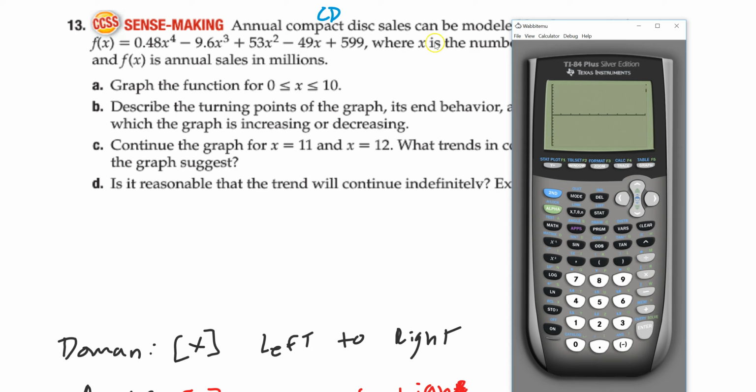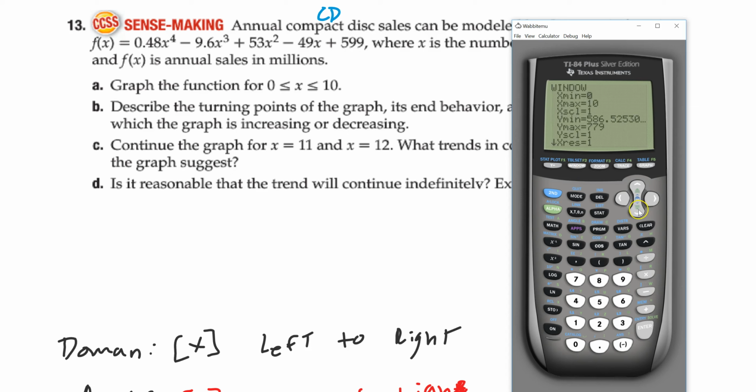Come on, CD industry. Don't let Tower Records down. And it's taking forever to graph, and I don't see a thing. That's great. Let's go zoom fit. See what's up. Well, that's going good, right?